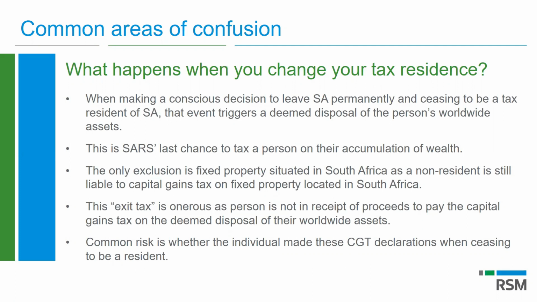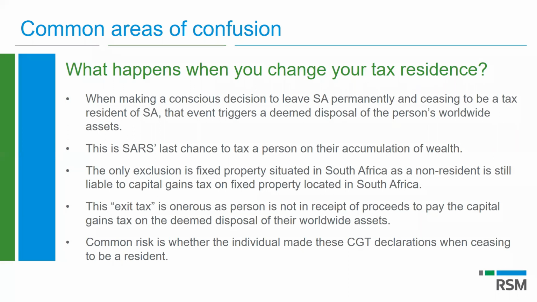And the nature of that event is that it is a deemed disposal of your worldwide assets. Now, the reason this is in the laws is it is basically SARS's last opportunity to tax a person on their accumulation of wealth. Because once a person has exited the country, you've already seen the gross income definition changes significantly.